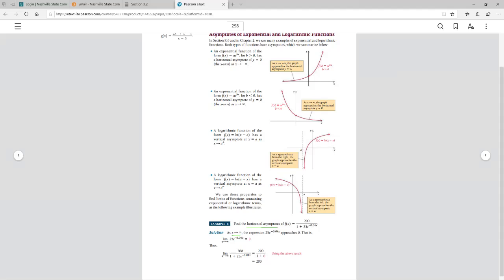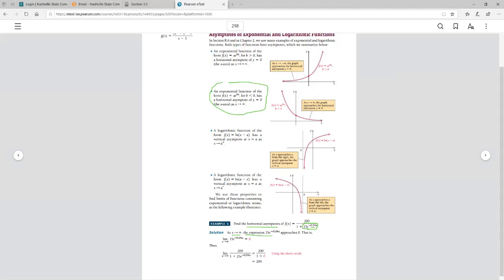Notice that in the denominator here, this expression, as x approaches infinity, is getting closer and closer to 0 because our b value here is negative. And if you'll recall, in this section here, if you have a times e to the power of bx, where b is less than 0, then as x approaches infinity, the horizontal asymptote is 0.